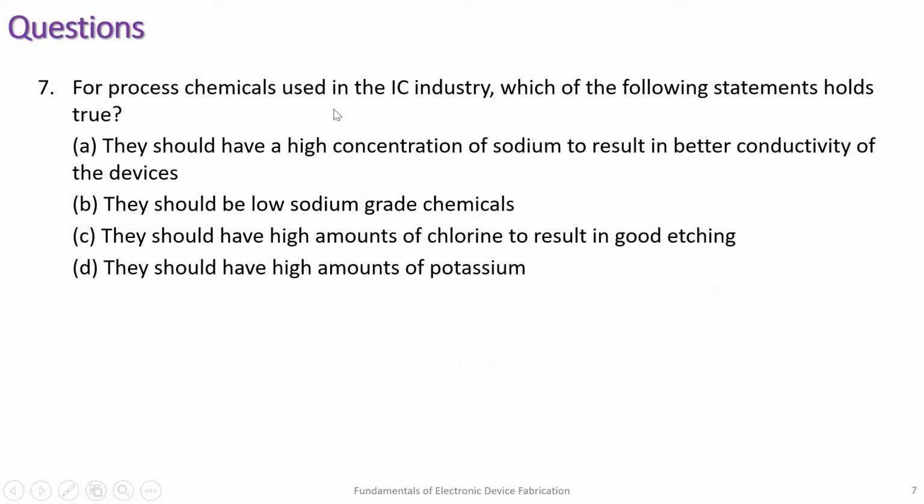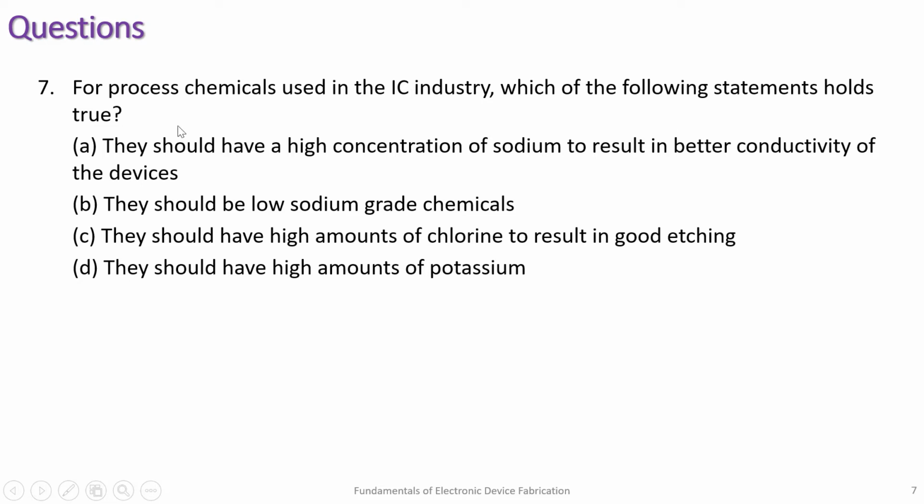That is, for process chemicals used in the IC industry, which of the statements will hold true? They should have a high concentration of sodium for better conductivity. They should be low sodium grade chemicals. They should have high amounts of chlorine. They should have high amounts of potassium. So in the IC industry, for different processes like polishing, metallization, etching, etc., different chemicals will be used.